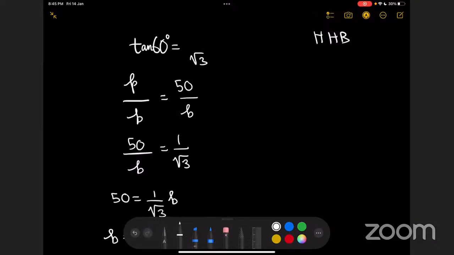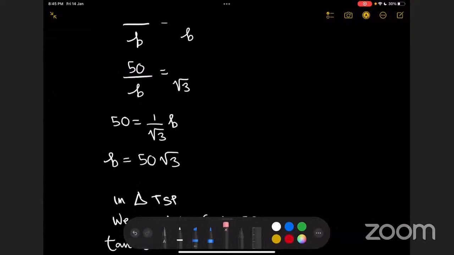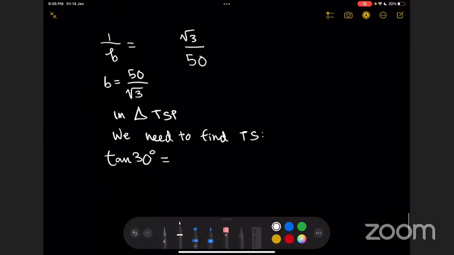Made a mistake. Tan 60 is root 3 actually. Right.